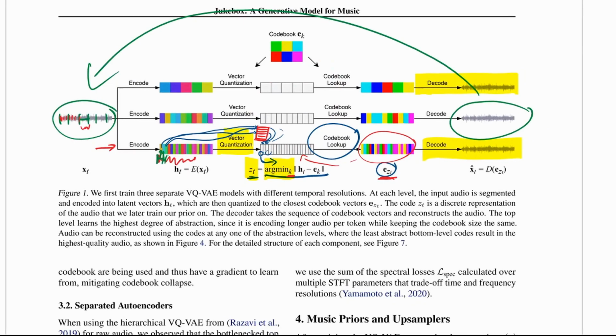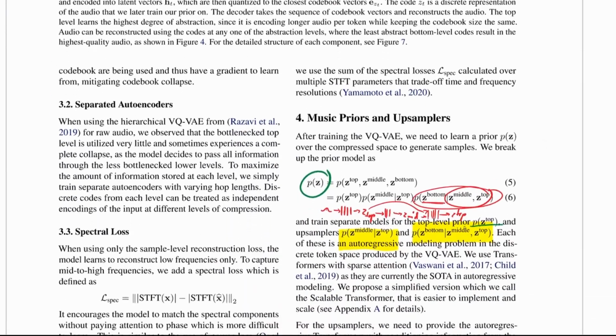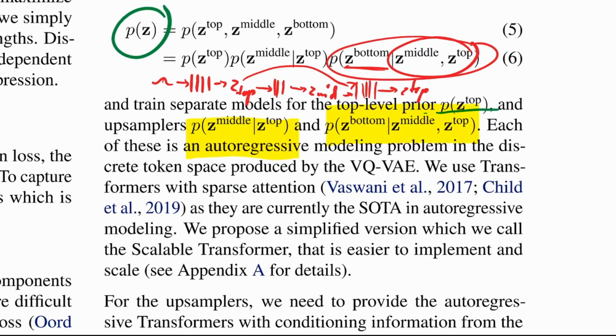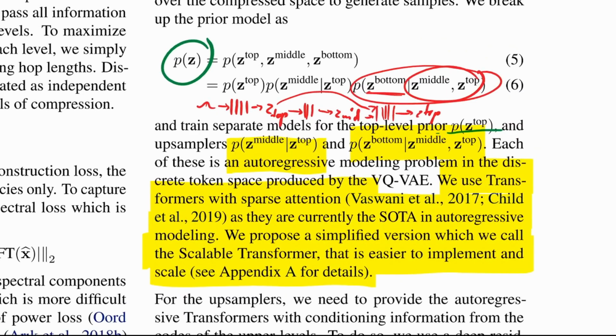You can use classic VAEs, you can use, here they say, we use transformers with sparse attention, as they're currently state-of-the-art in autoregressive modeling. And they say we propose a simplified version, which we call the scalable transformer, that is easier to implement and scale, right? But you see, they model this distribution with these scalable transformers.